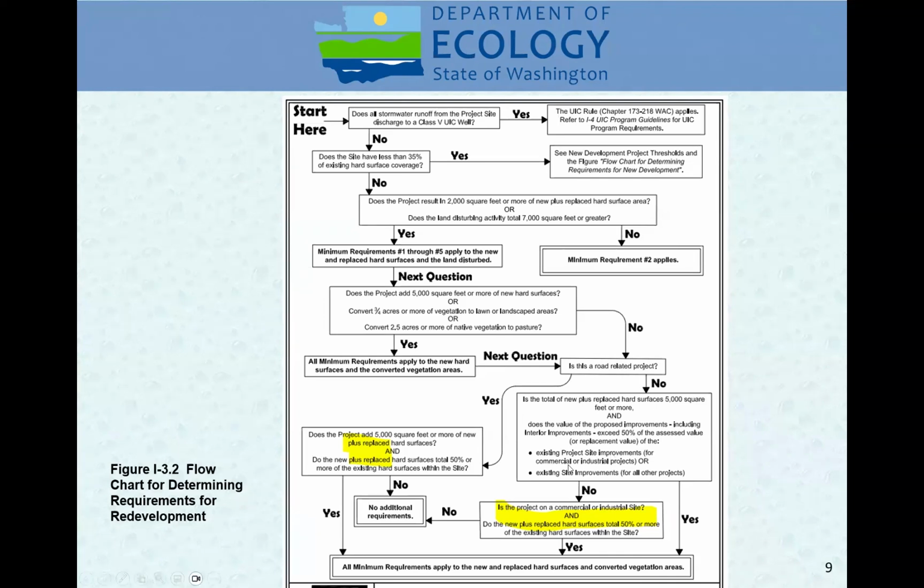The reason we broke this out into commercial, industrial, and all others is we want to use the site for residential projects. And for the purpose of this threshold analysis, we're considering parks and schools to not be commercial or industrial. We specifically want to exclude parks and schools from the project site boundaries.